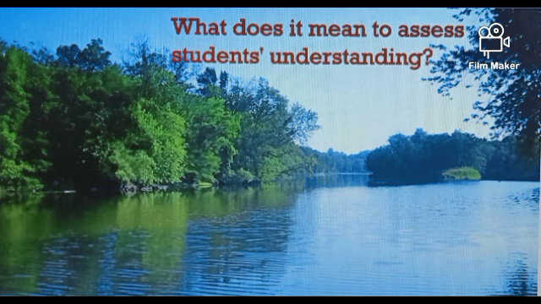Other ways for the teacher to get information from the students that will serve as evidence of their understanding is a discourse in the classroom, which is imperative or important.